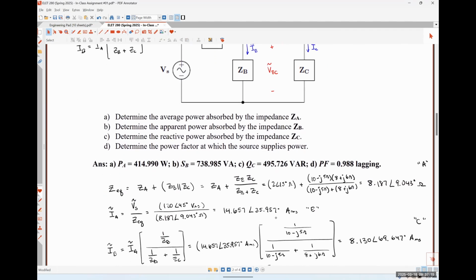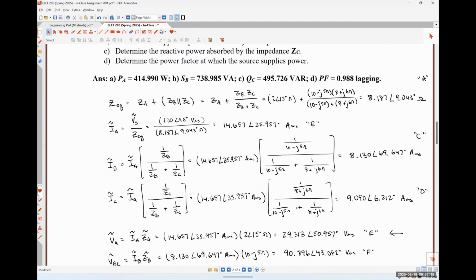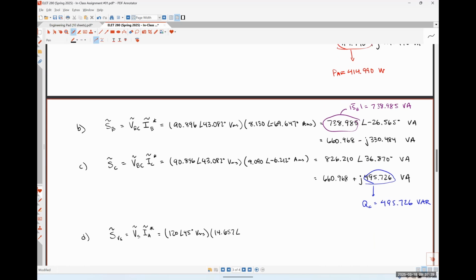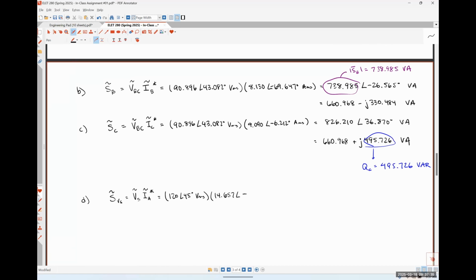Yep, 120 angle 45. And then IA was 14.657 angle negative 39.957. So 120 angle 45 multiplied by conjugate of what I have stored in here as B, if I'm remembering correctly.